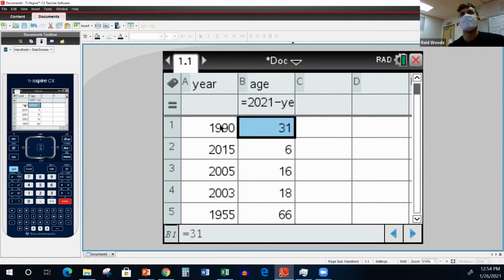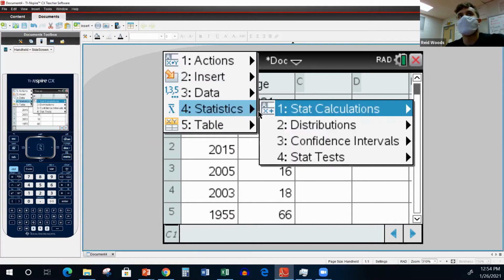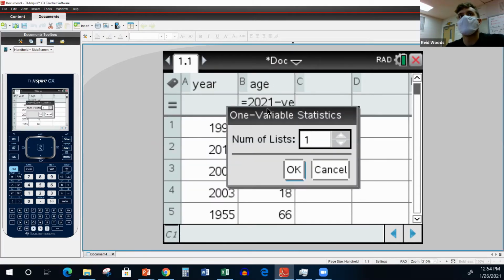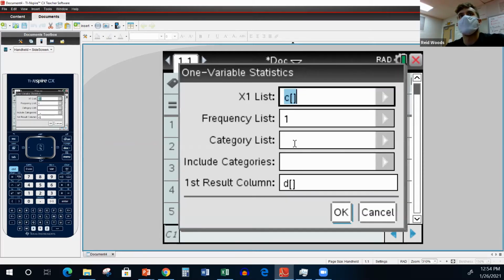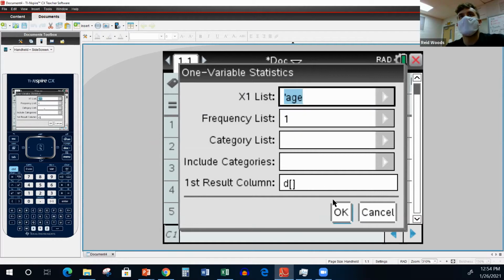Hit enter. There's all the ages of my pennies, calculated. Now I want to find the mean age. How do I do that? Menu, 4, 1, and 1. And we want to use average age. That's what we want. So we hit OK.